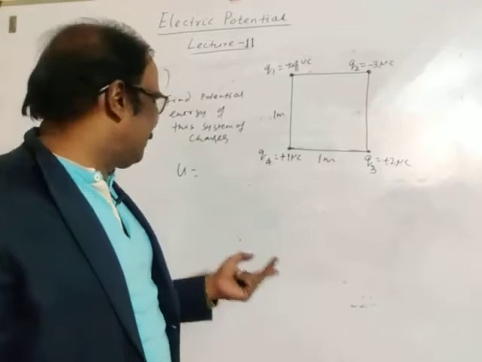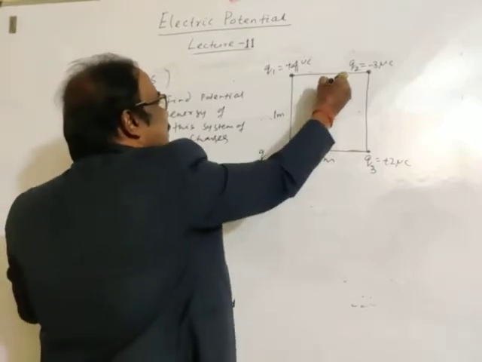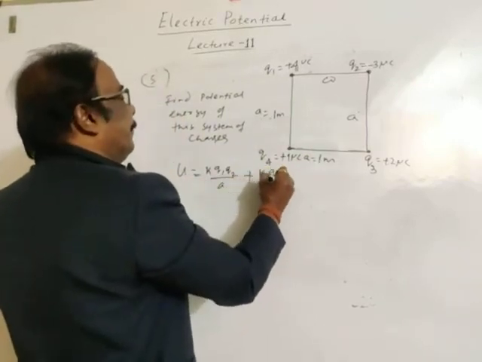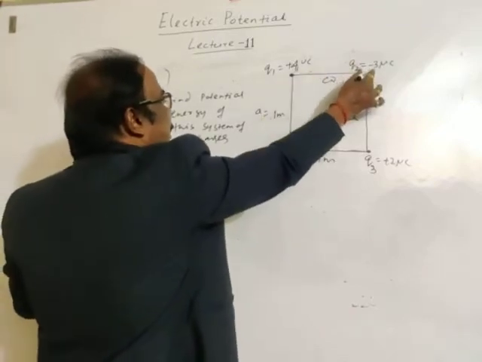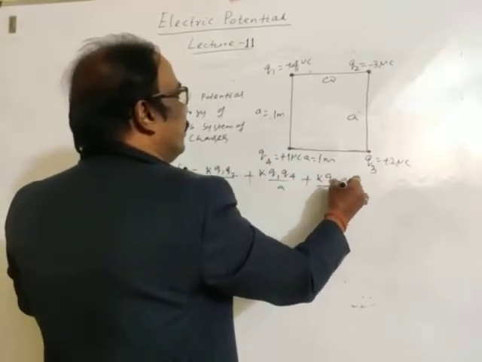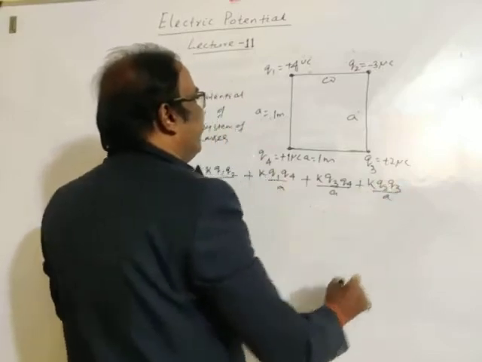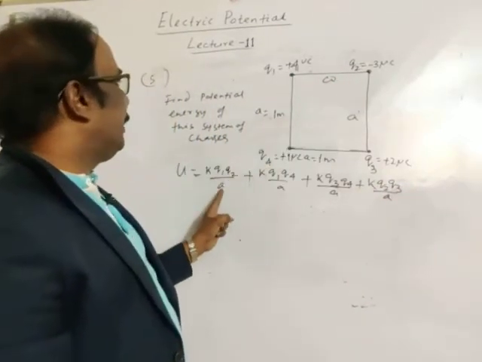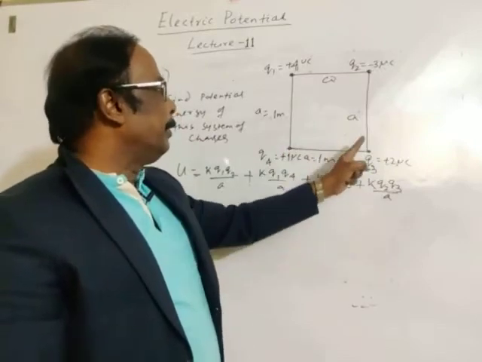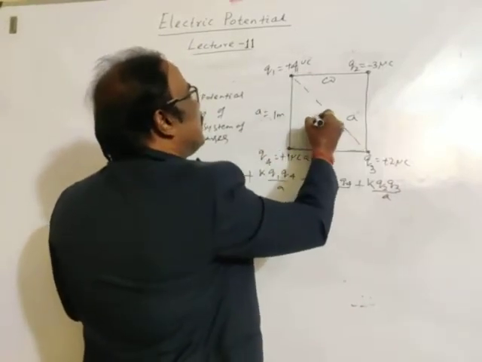Then we have to only find final potential energy, and final potential energy is K Q1 Q2 divided by A, let this distance is A, side is A, plus K Q1 Q4 by A, plus K Q3 Q4 by A, plus K Q2 Q3 by A. Between these two charges, K Q1 Q2 by A. Between these two, K Q1 Q4 by A. Between these two, K Q3 Q4 by A. Between these two, K Q2 Q3 by A. And finally, between these two charges, this distance is root 2A.